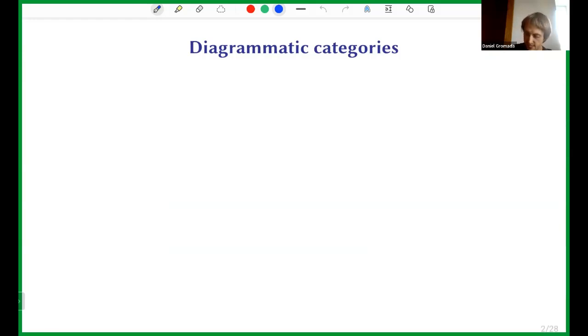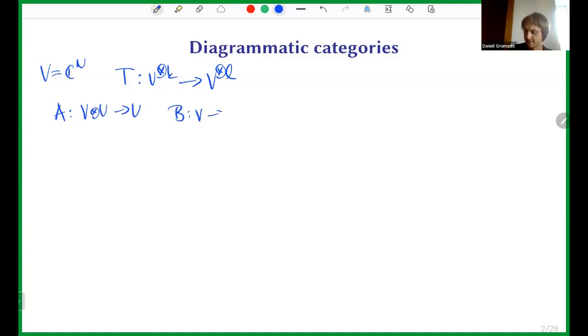Usually we start with some vector space V, let's say C^n, and we study what physicists would call tensors, so linear maps between tensor powers of this vector space V. Such a linear map can be, for instance, some A from V tensor V to V, or some B from V to V tensor V.